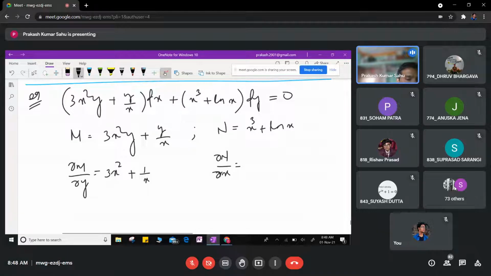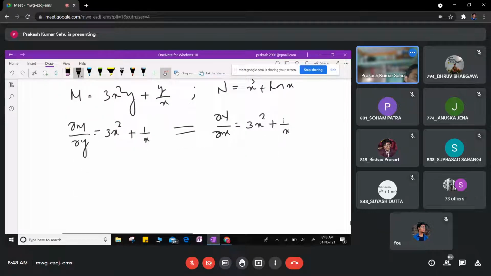So 3x square plus 1 by x. Here also del N by del x में differentiate करोगे तो x cube का derivative क्या होगा? 3x square, and ln x का derivative क्या होगा? 1 by x. So now you see these two are same. Del M by del y is same as del N by del x. So this differential equation is exact.